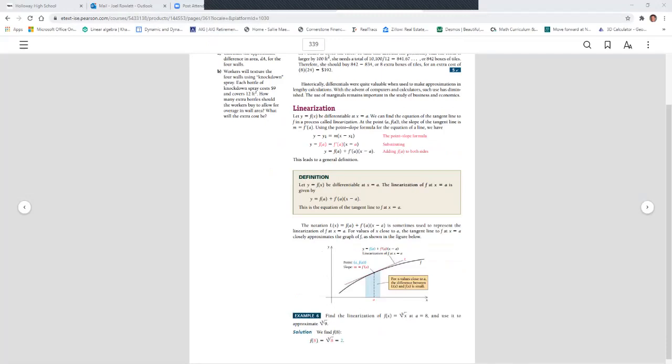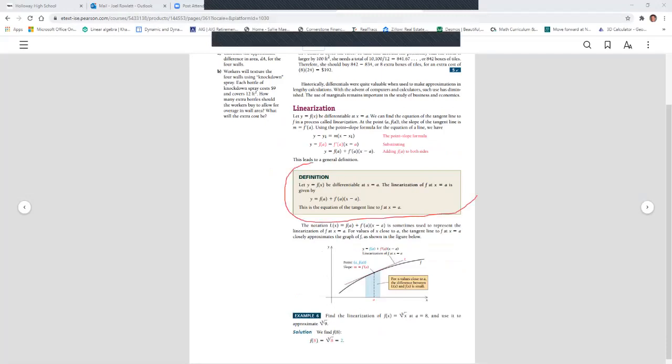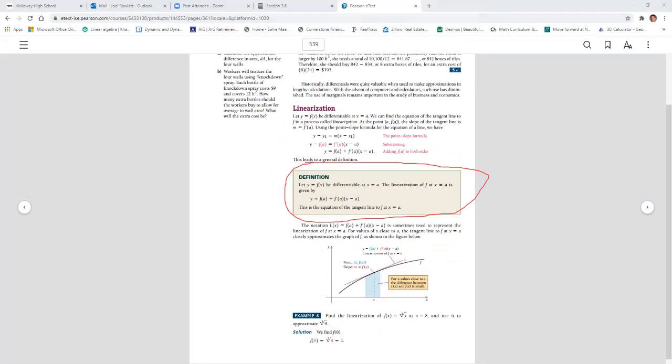And here we have another definition. It says to let y equal a function of x, let it be differentiable at x is equal to a. The linearization of the function at x is equal to a is given by f of a plus f prime of a times x minus a.